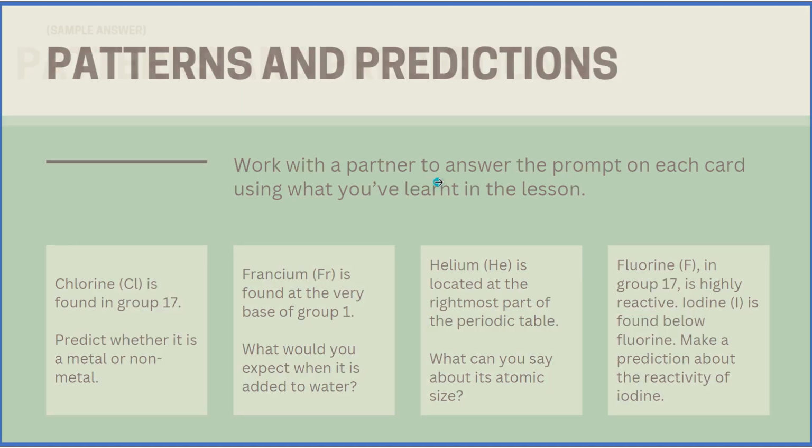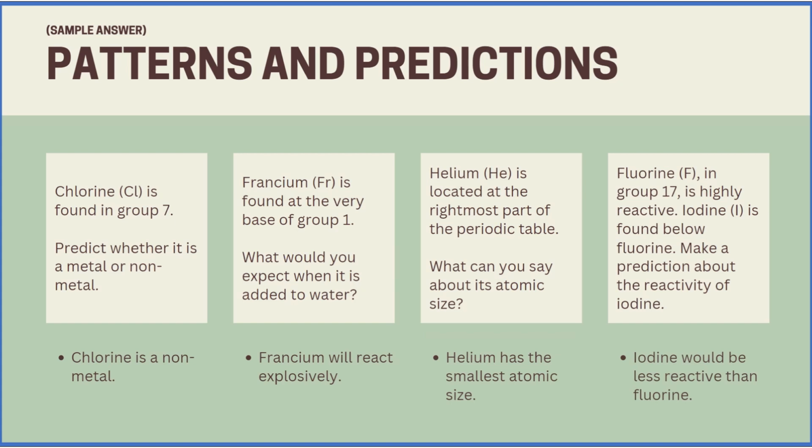Okay, now, patterns and predictions. Here the answers are already given. Chlorine is a non-metal. Yes, it is in group 17, so it is a non-metal, because we have just seen about the metals. Then francium will react explosively, which is at the base of group 1.